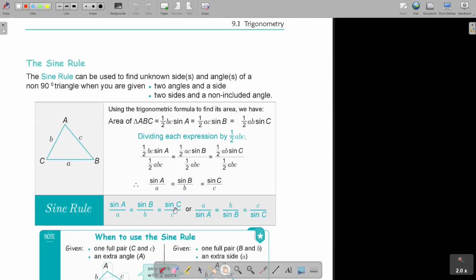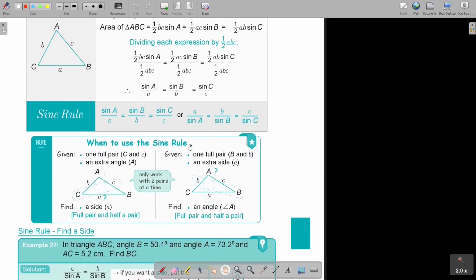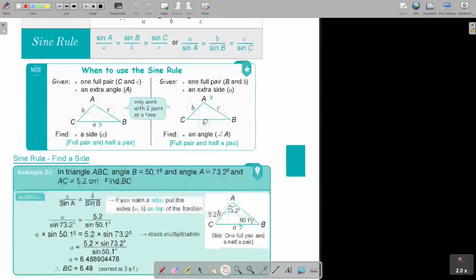They will give you when to use the sine rule. If they give you one full set and half of a set, and you must find that side. Or they give you one full set, the angle and the side opposite the angle, and they give you half of it, and you must find A. Okay, and this is the method that we are going to use now.